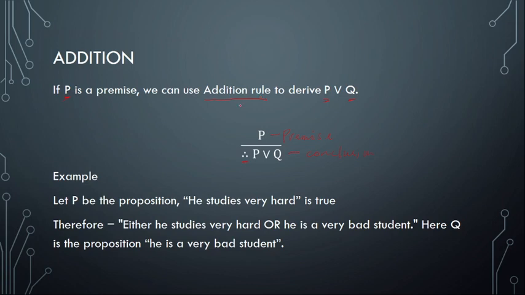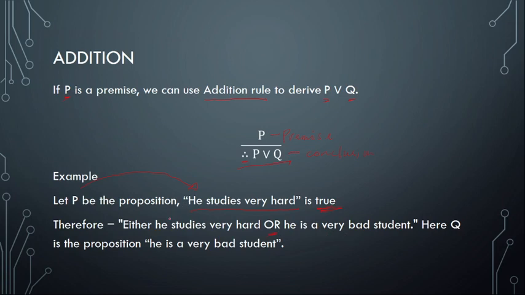To understand the addition rule of inference better, here is an example. Let P be the proposition assigned to the statement, he studies very hard. This statement returns a value of true. Therefore, either he studies very hard or he is a very bad student.